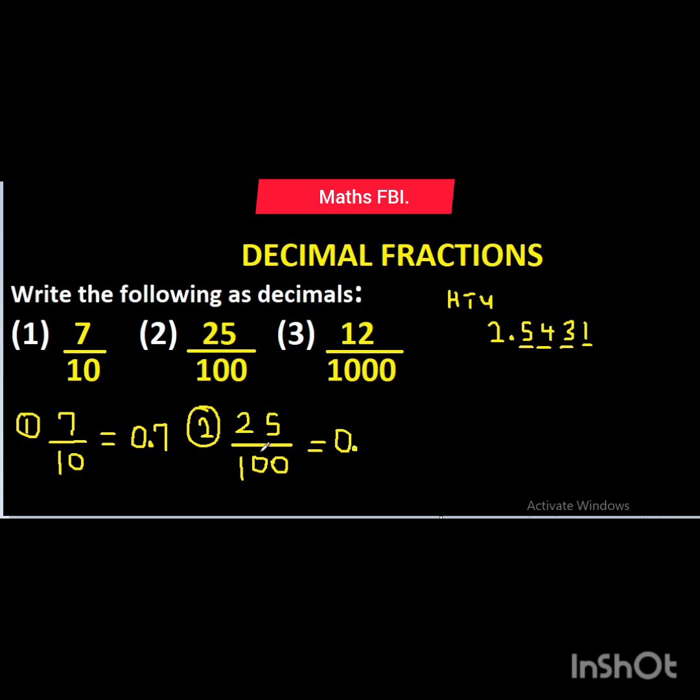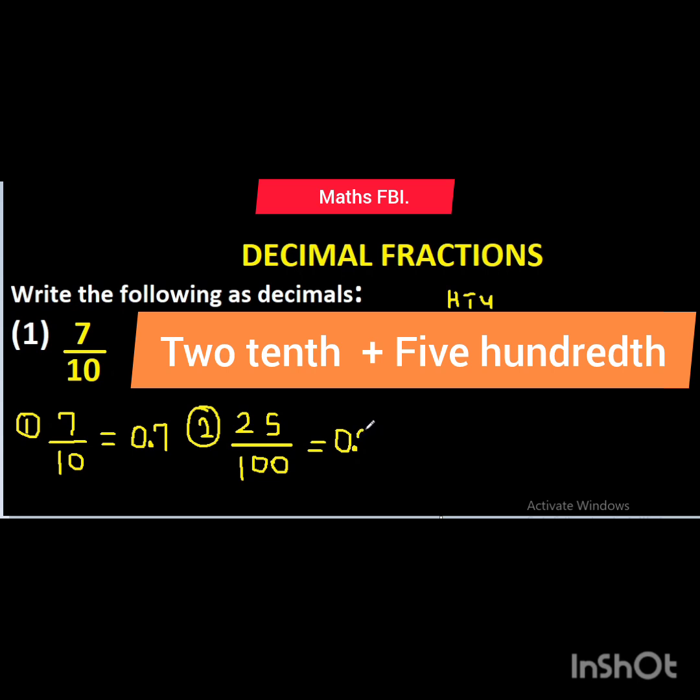25 over 100, we have 2/10, and then we have 5/100.